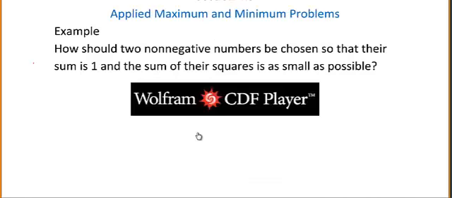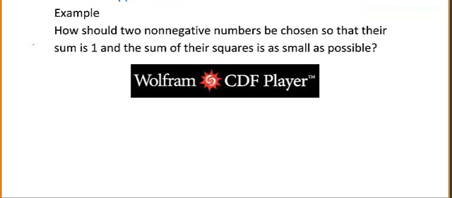And so again, we have two non-negative numbers chosen so that their sum is 1 and the sum of their squares is as small as possible. So we're going to have an expression that we'll want to minimize.